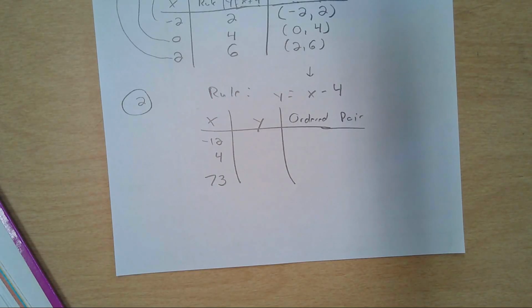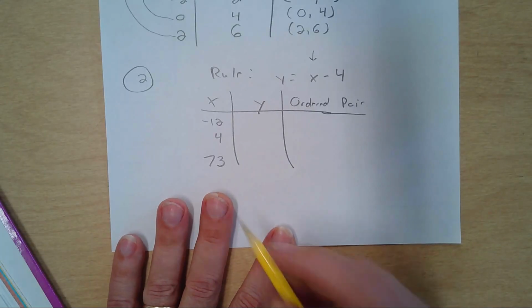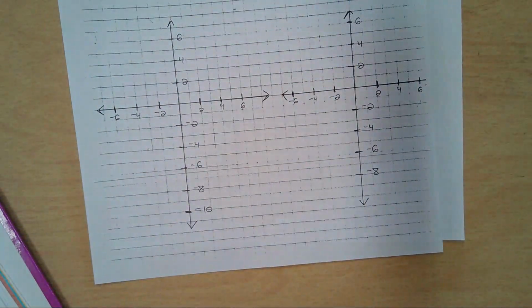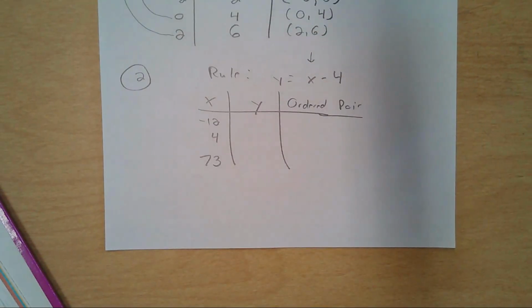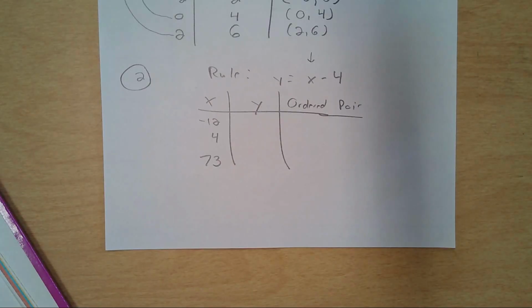But you can control whatever the inputs are. Would I use these values normally? I would not. Because do I want to try and graph a 73 on here? I don't even think there's 73 spaces, to be honest with you. So I don't even think I could graph that on this piece of paper. And again, we'll practice this a lot more in the future.